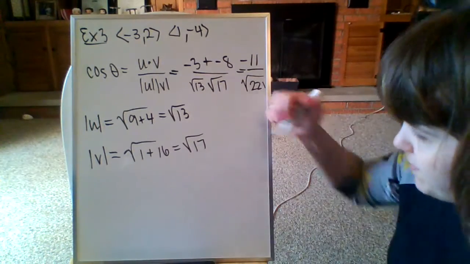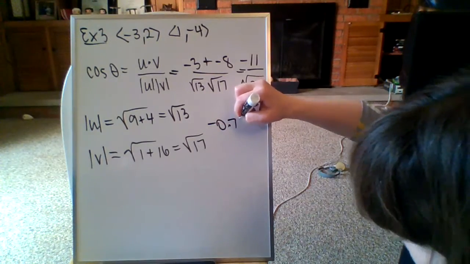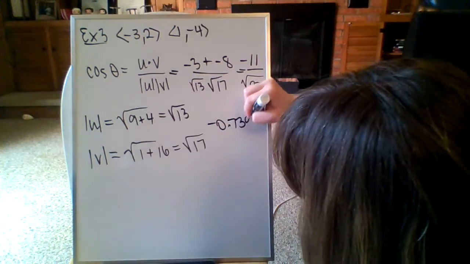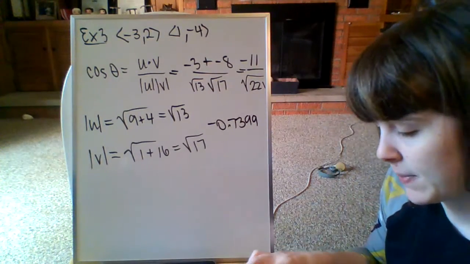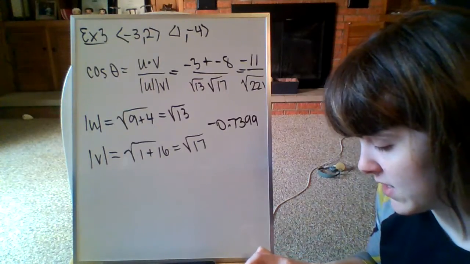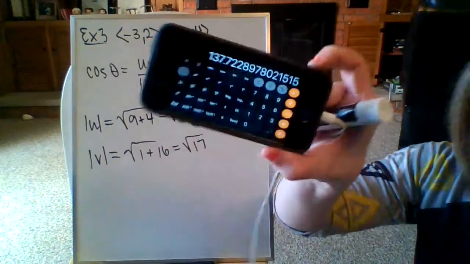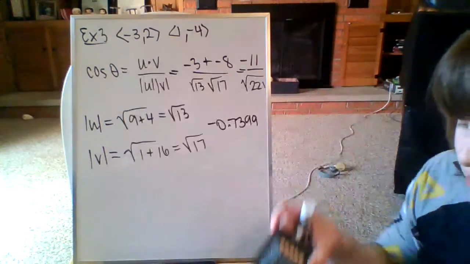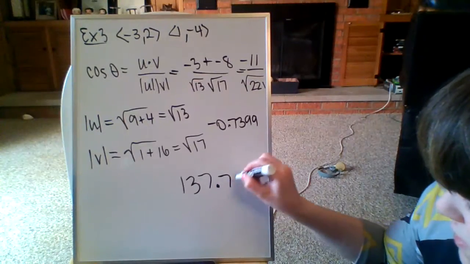Okay, so -0.7399, and now we're going to do cosine inverse on that. So -0.7399 cosine inverse, and we're going to get 137.7 degrees.